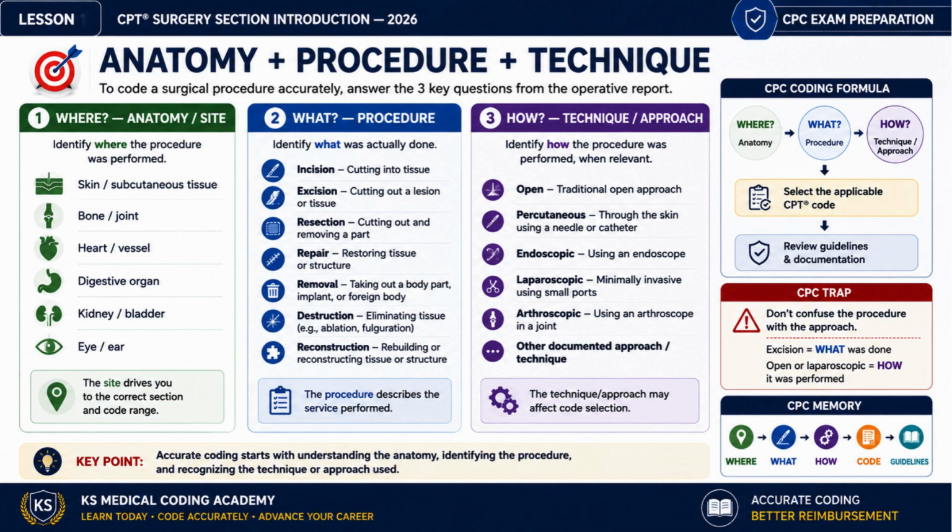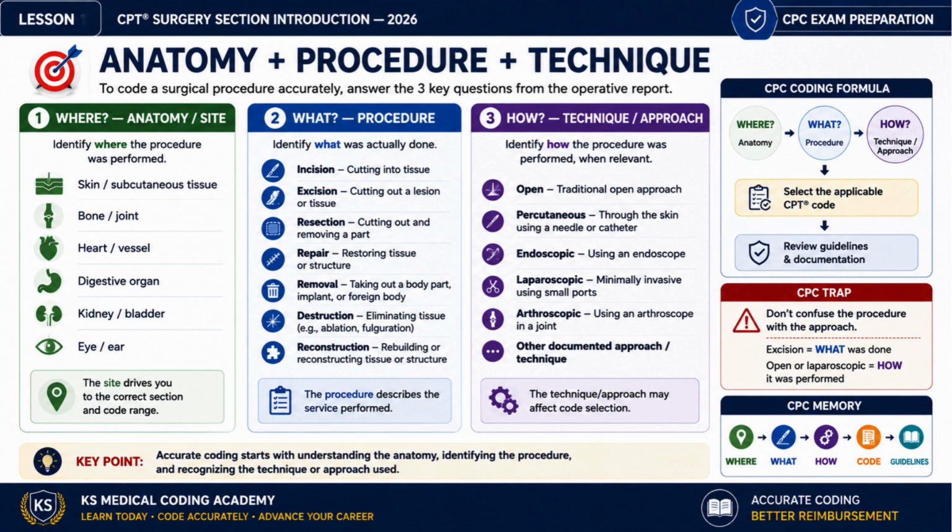Now let's apply a simple 3-question approach to surgical coding: where, what, and how. First, where? Identify the anatomical site where the procedure was performed, such as the skin, bone, heart, digestive organ, kidney, eye, or another documented site. Second, what? Identify the actual procedure performed. Common procedure concepts include incision, excision, resection, repair, removal, destruction, and reconstruction. Third, how?